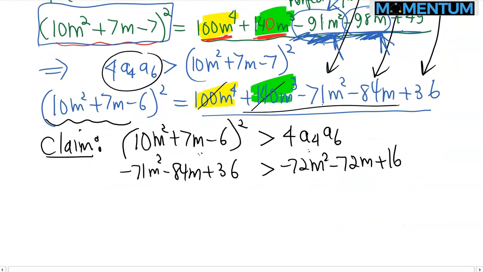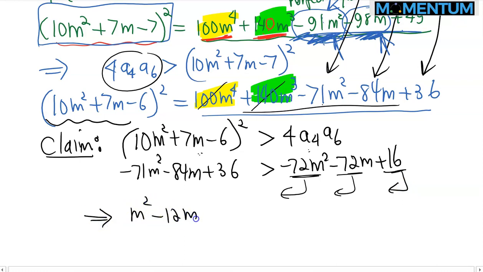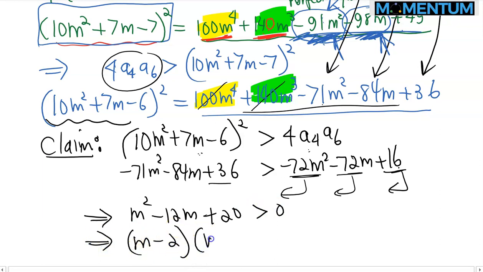Now move everything onto the left hand side. So this implies m squared minus 12m, and then 36 minus 16 is plus 20, is greater than 0. And then that gives me the condition for m for that to work. (m minus 2) times (m minus 10) is greater than 0.